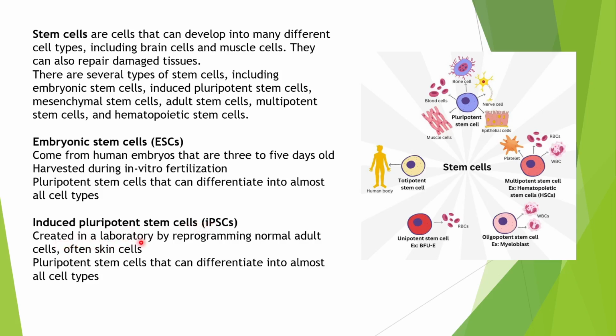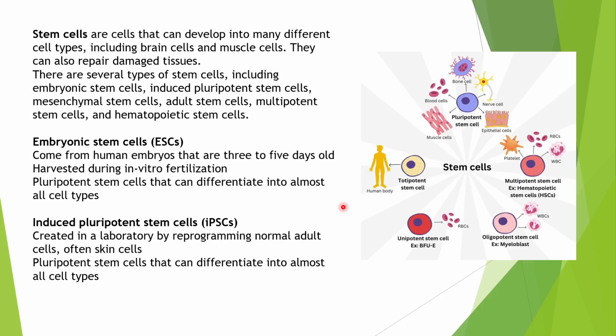These are created in the laboratory by reprogramming a normal adult cell. Often these are skin cells. These are also pluripotent stem cells that can differentiate into almost all cells. Researchers or scientists have taken adult differentiated cells, that is your skin cells, which have already acquired a function, a role.